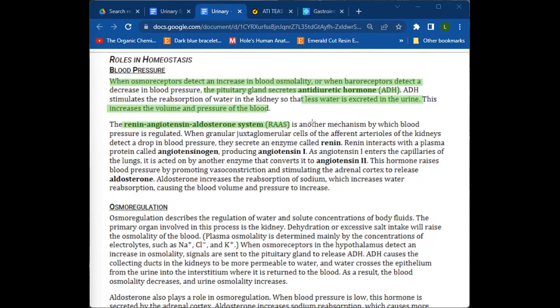Basically, wrapped around the afferent arteriole of the glomerulus, there are special cells called juxtaglomerular cells. These juxtaglomerular cells are supposed to detect a drop in blood pressure.